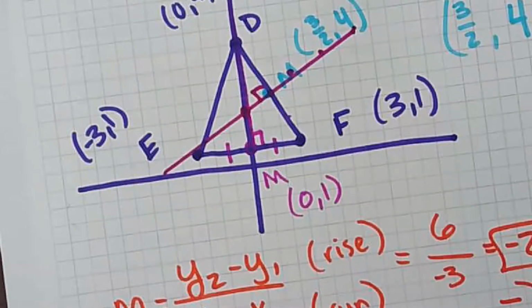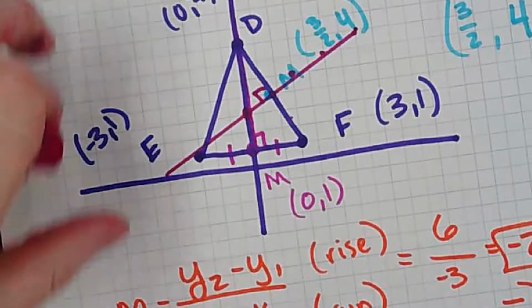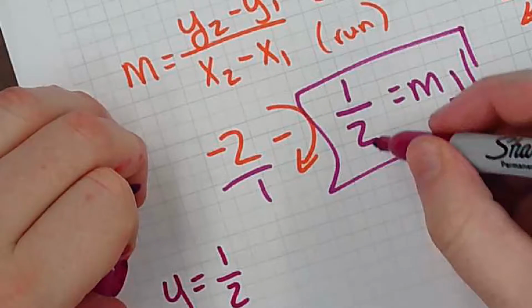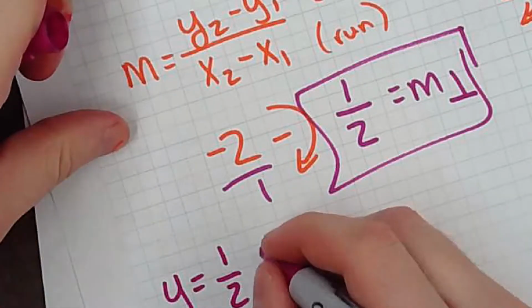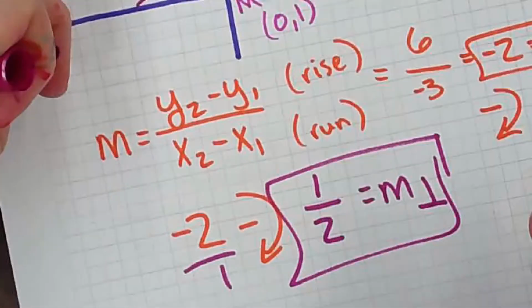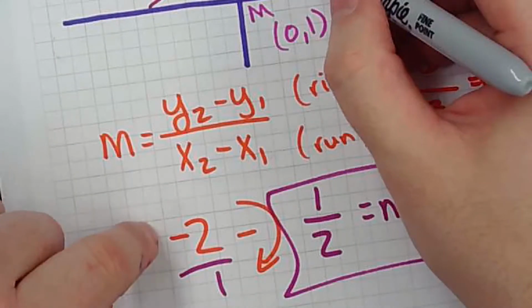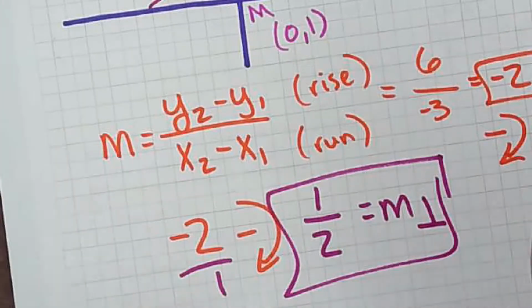So the equation of our perpendicular bisector in slope-intercept form is y equals 1/2, because we're using this perpendicular slope, x. And the y-intercept we're not really sure about. We need to find that. We do know that the midpoint is on the line, so 3 halves and 4 is a solution.